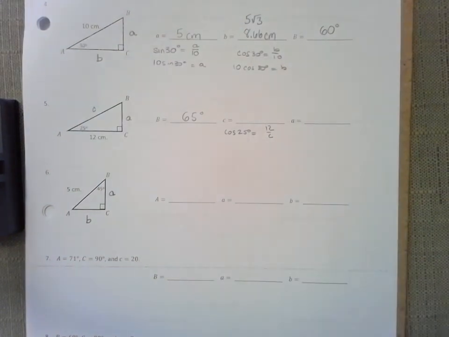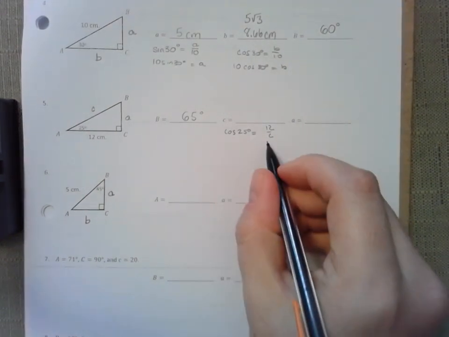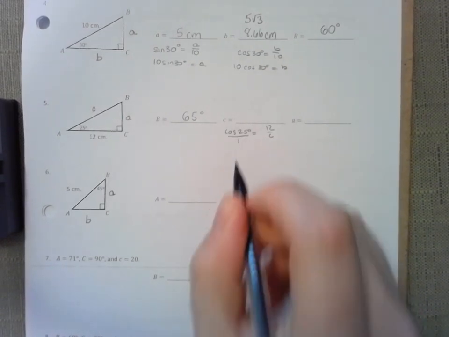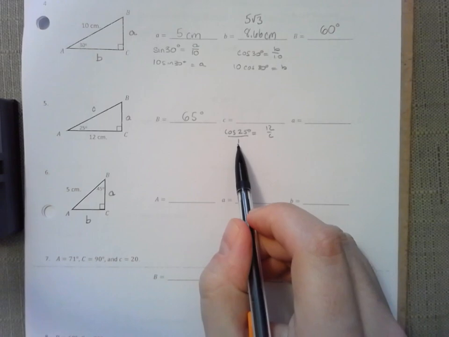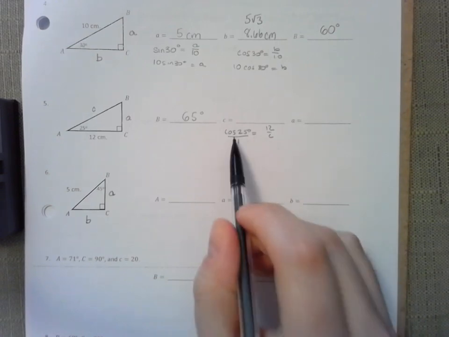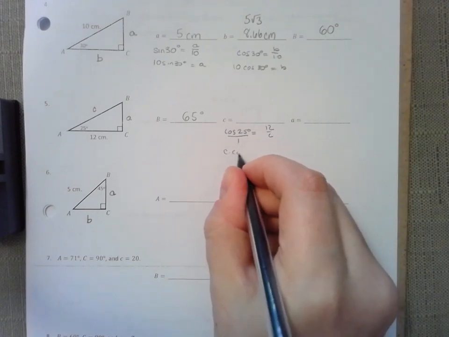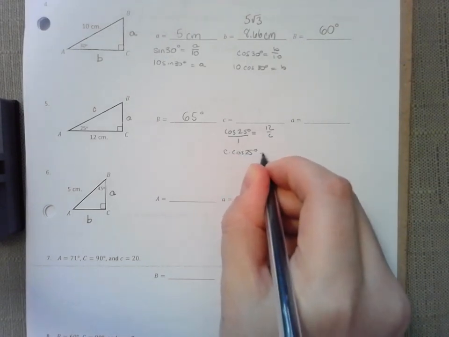What we can do is to multiply both sides by C, or cross multiply even. We could do that. Cross multiplying might be easier. 12 times 1 and C times this. Either way, it's the same thing. We're going to get C times the cosine of 25 degrees equals 12.